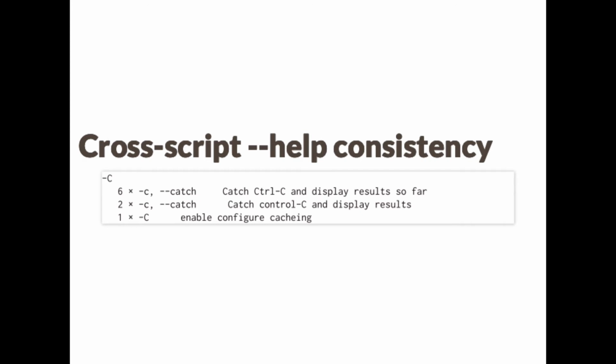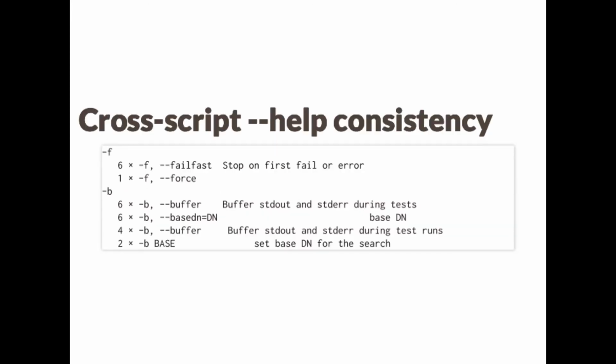And here the dash F, it kind of means the opposite, right? Fail fast is kind of the opposite of force. And dash B is just all over the place a bit. Base, well, two things, buffers or base DNs.